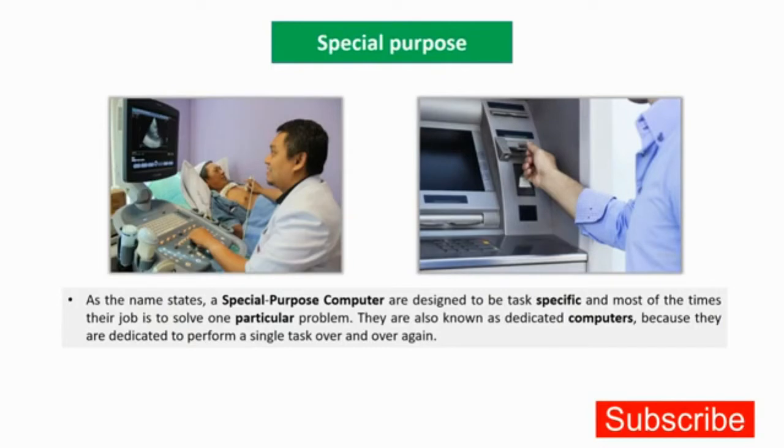Another example is an ATM machine. You can find a computer over there also, but it is only meant for the ATM transactions. You can check your balance and withdraw money. That particular computer is only dedicated to that particular task.